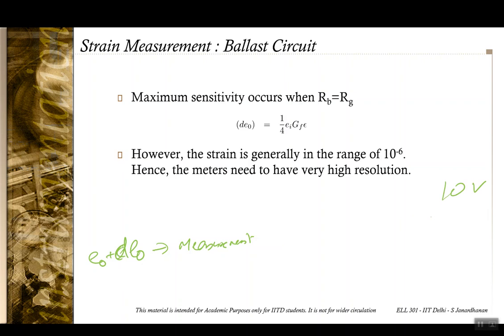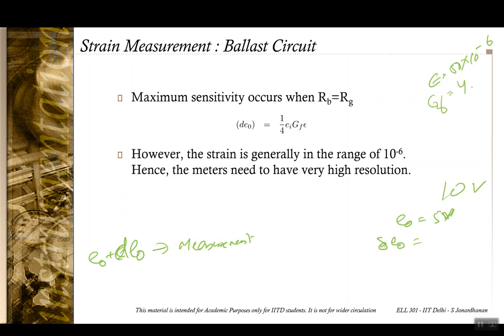So in the unstrained case, E0 was 5 volts. And when you strain it, delta E0 is the change in the output, and let us say a strain of 50 microstrain is being applied.